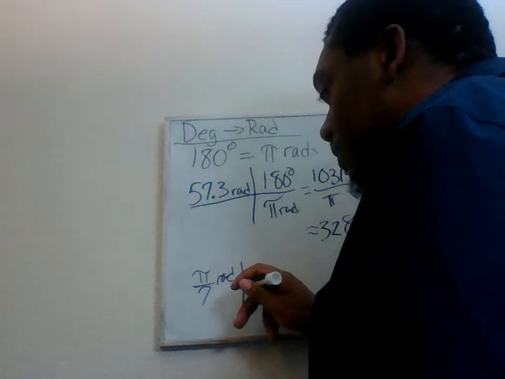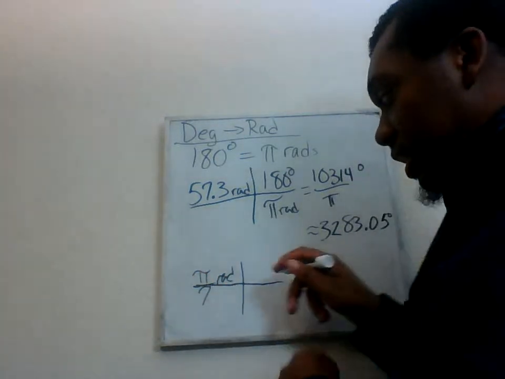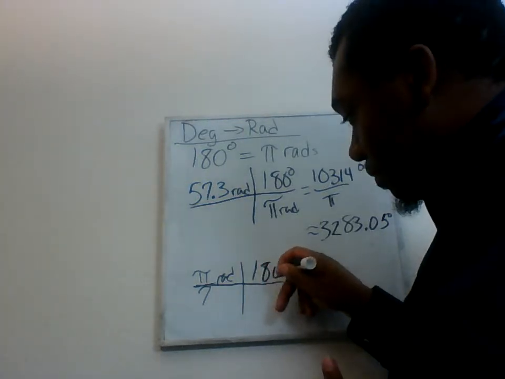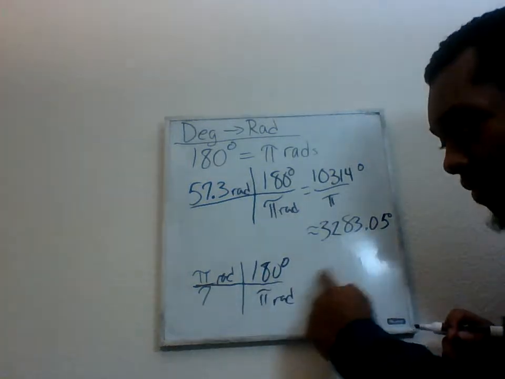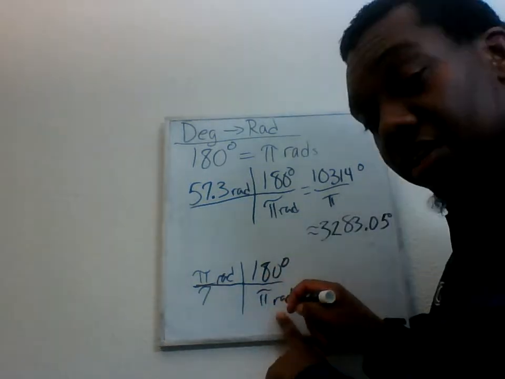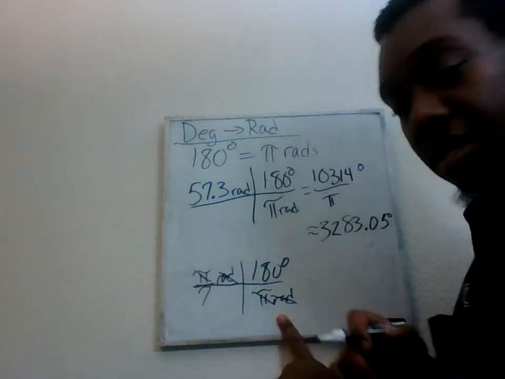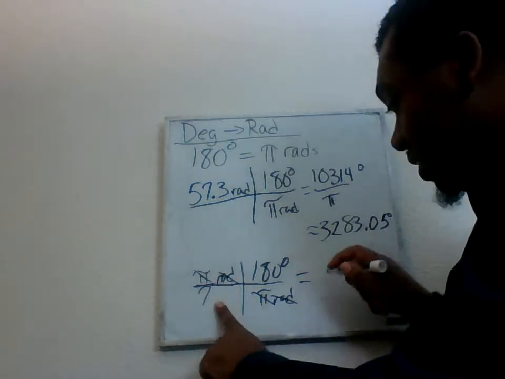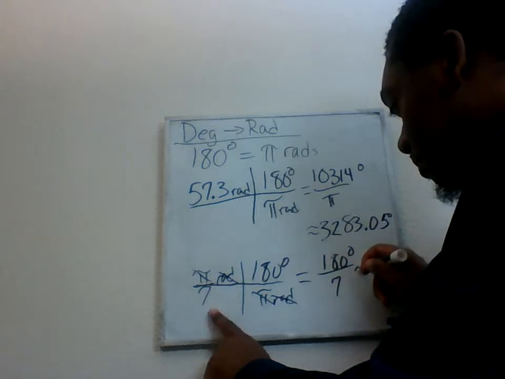And so in this instance, what I like to do is I like to take that fractional bar and extend it out, because remember I'm converting to degrees, so the 180 is going to go up here and the pi is going to go down here. And so the reason I draw that fractional bar out is because this way I can clearly see that, hey, not only do the radians cancel, but my pi cancels. And so pi over 7 radians actually is going to just be whatever 180 is divided by 7.